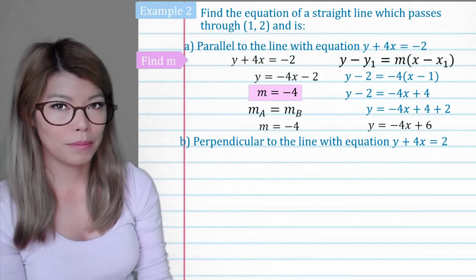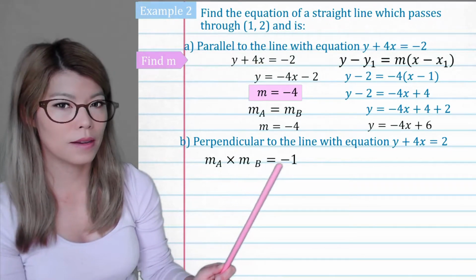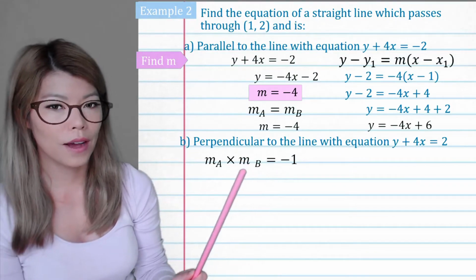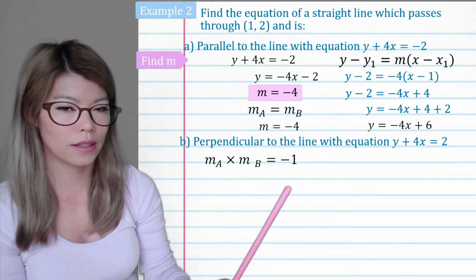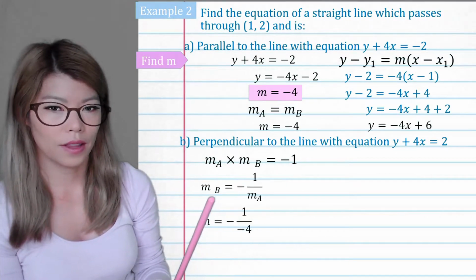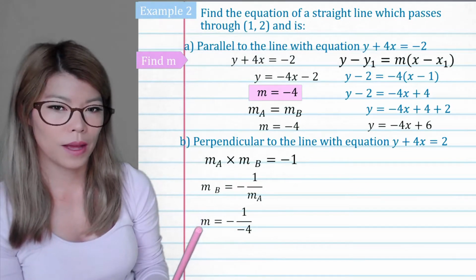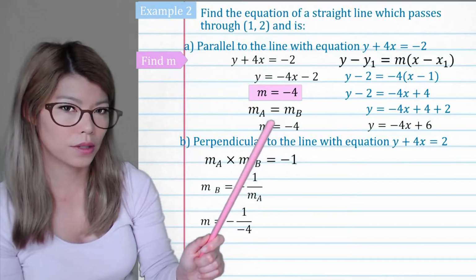Part B, perpendicular, or in other words, m of A times m of B equals minus 1. To find my gradient, I would take that gradient, bring it to the other side, and I would get minus 1 over the other gradient. So now we have m equals minus 1 over the other gradient, which is minus 4.